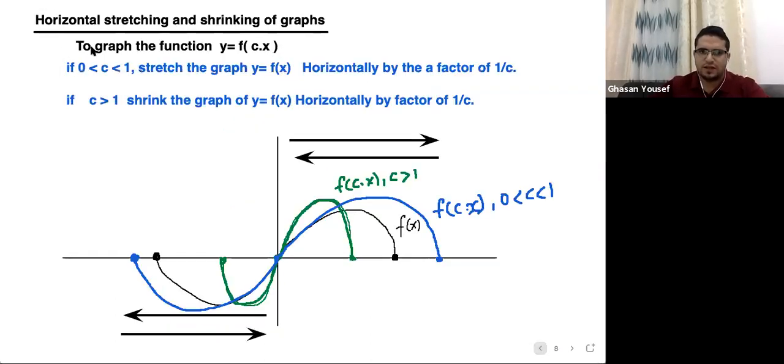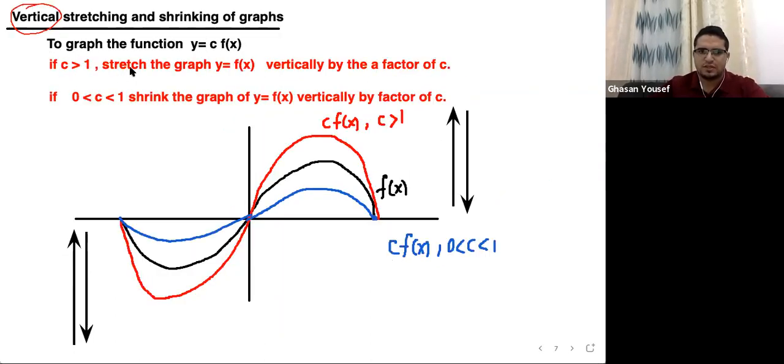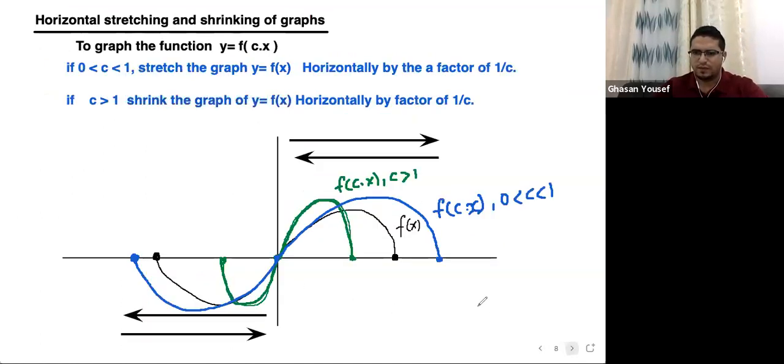Outside is vertically and greater than 1. So this means we have to do a stretch of the function y equal f of x, or of the original function. A stretch means look to the red one, it goes up. Stretch means goes up of the x-axis. Look to the red one here, goes down of the x-axis in the negative 1.